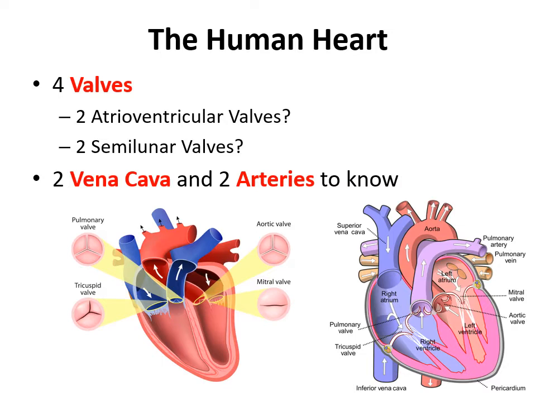And we already mentioned that your pulmonary, anything pulmonary in the heart, is for the right side, whereas the left will have the aortic because that's going to the body, to the aorta. You also have vena cava and arteries. So vena cava, those are veins, which means they are entering the heart, and you'll see two of them. So you'll see the superior vena cava and the inferior, which is the bottom one, the lower one, because superior is always at the top, and anyone or anything inferior means lower level.